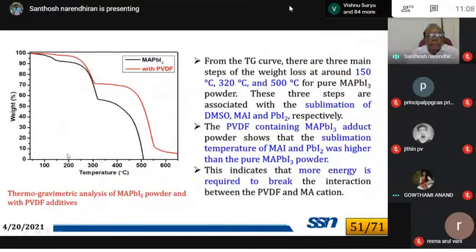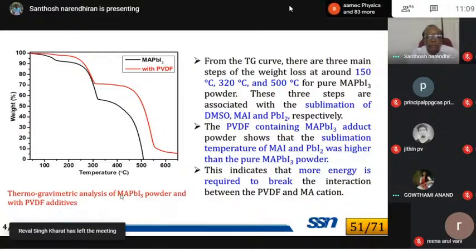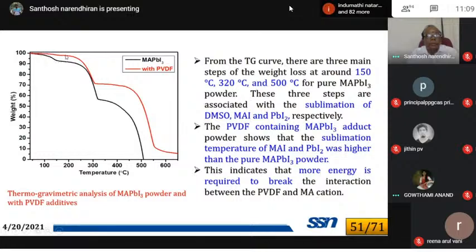This is a very interesting slide. The thermogravimetric analysis of MAPbI3 powder and with PVDF additive. With additive, you get the TG/DT curve like this, and pure material gives you, if you see them carefully, a dip here, whereas nothing happens here.